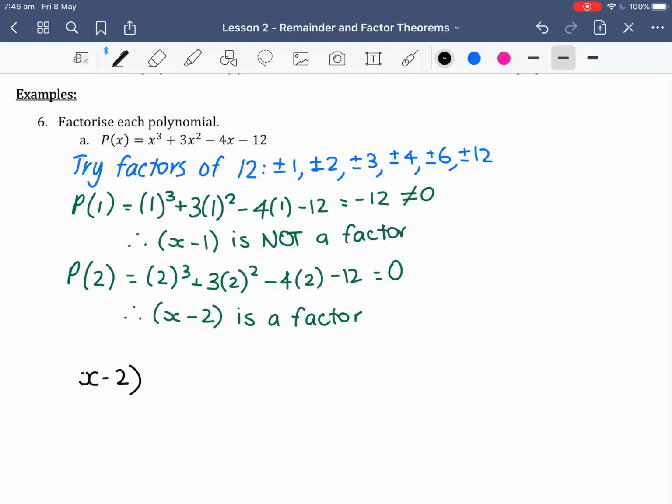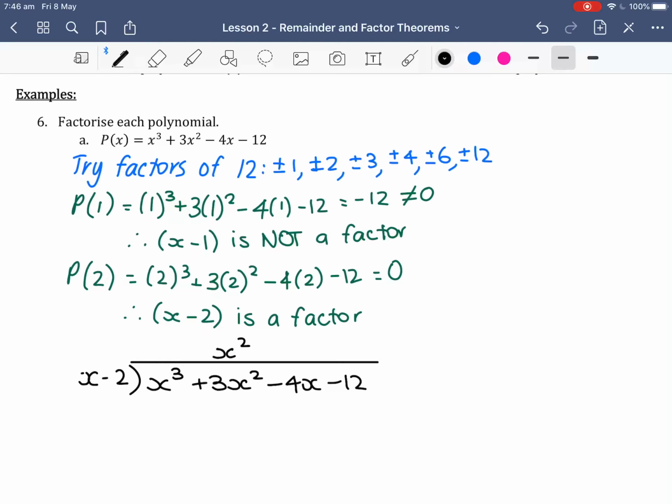So we'll go back to black, and we're dividing x cubed plus 3x squared minus 4x minus 12 by x minus 2.